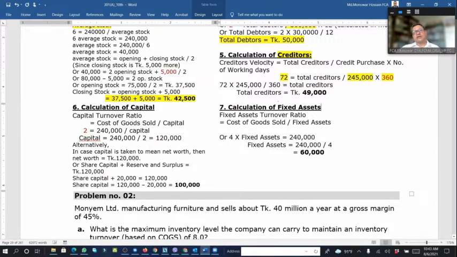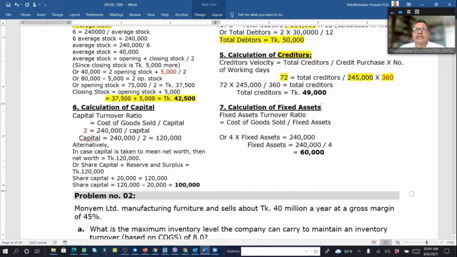Definitely here we are using 360 days for our math purpose, because though the year is 365 days, for accounting purposes we always use 360 days. If you use 365 days, no problem, but basically we use 360 days per year. And total creditors divided by credit purchase times number of days in the year.